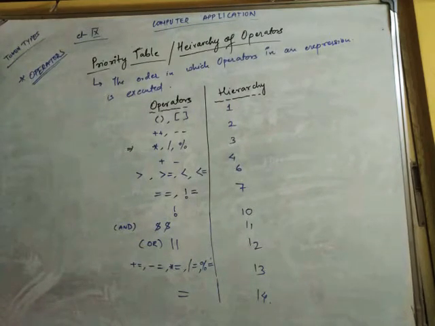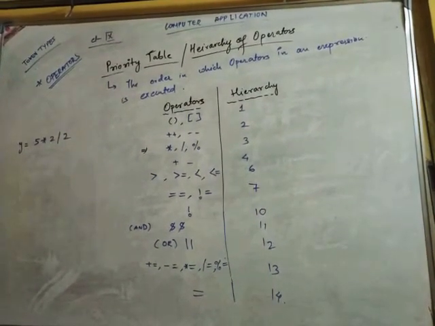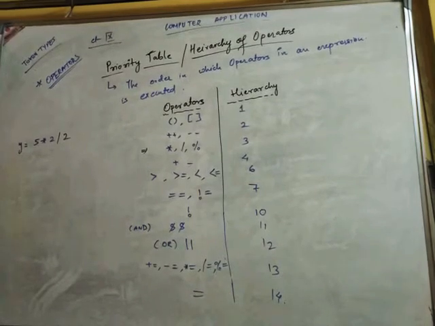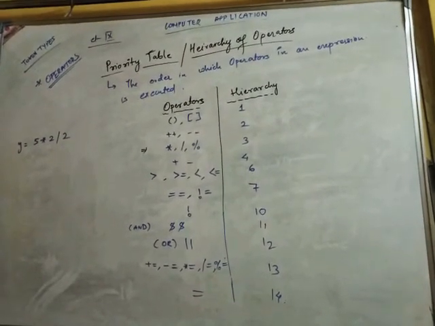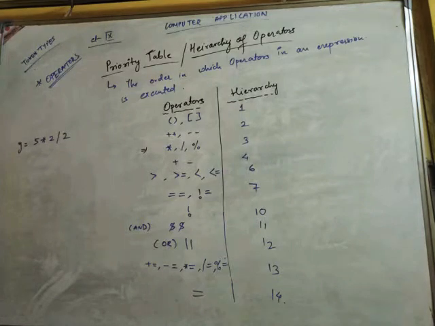Like say, if we take an example, we need to calculate y equals 5 into 2 divided by 10. We have multiplication and division, and if we follow the maths rule, we first have to divide. But in Java, into and division have the same priority, the priority is 3.